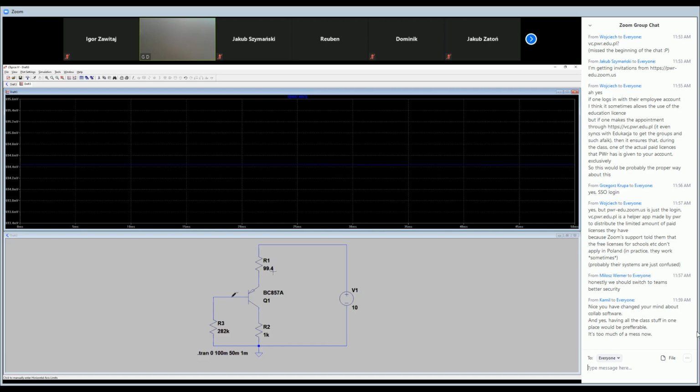Also here, the base resistor is 282 kilohms. Probably we will find the 280 kilohm resistance. So the base current in the real circuit will be a little bit different, not so huge, and the collector current will also be a little bit different. However, as you see, it works.